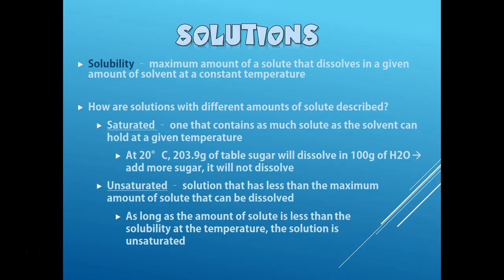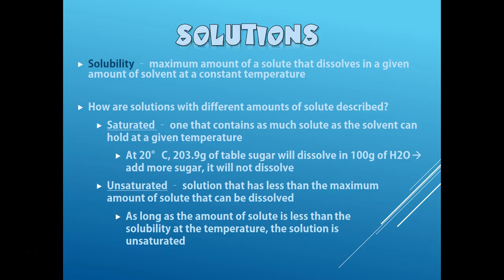If I try to dissolve 204 grams of table sugar at 20 degrees Celsius in 100 grams of water, that last tenth of a gram of sugar is not going to dissolve. It's going to sit at the bottom of your beaker, and no matter what you do, no matter how much you try to dissolve it, it's not going to dissolve unless you change another parameter.